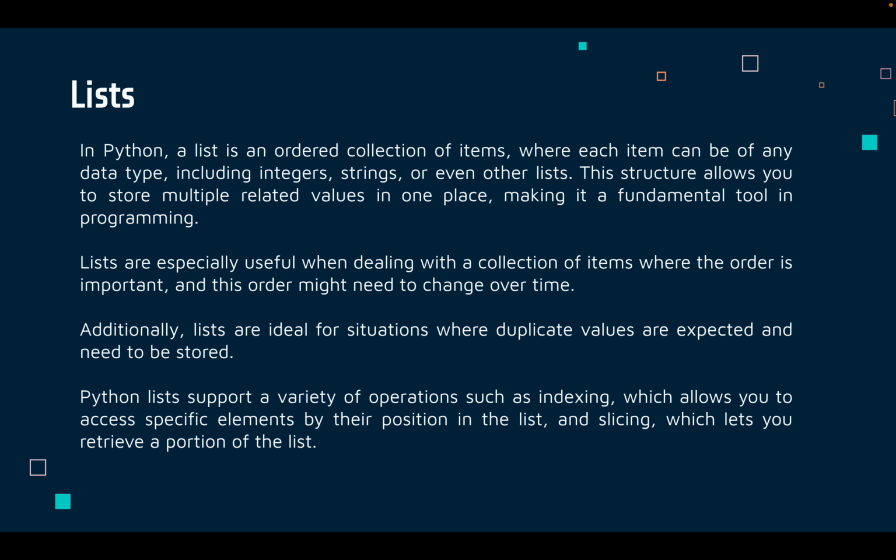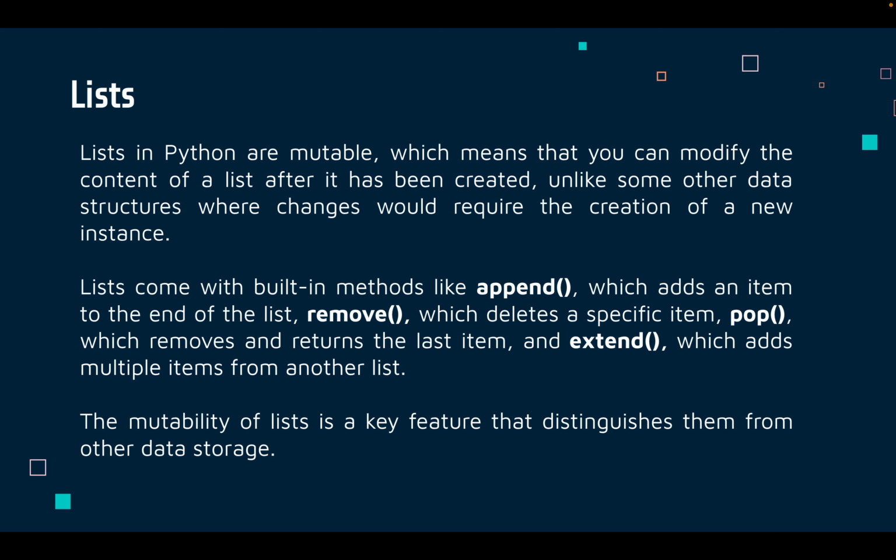Python lists, like arrays, support indexing, so I'm able to access specific elements based on their index. That makes life at least a little bit aligned with arrays. So lists are probably your most common equivalent to arrays in Python.